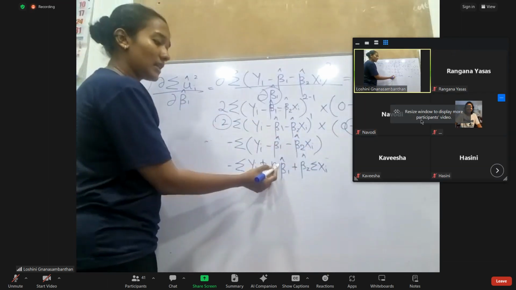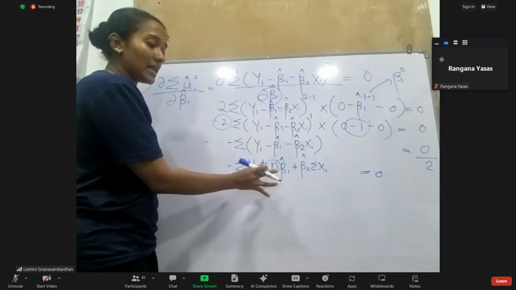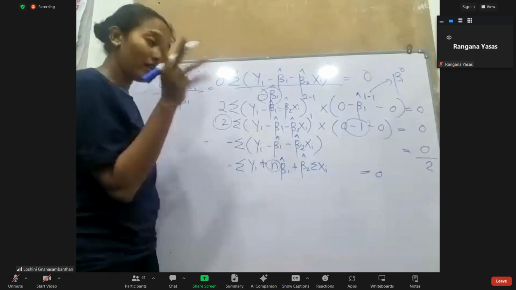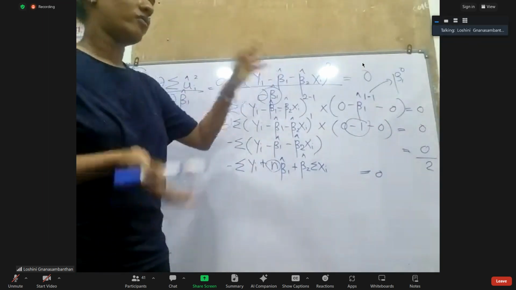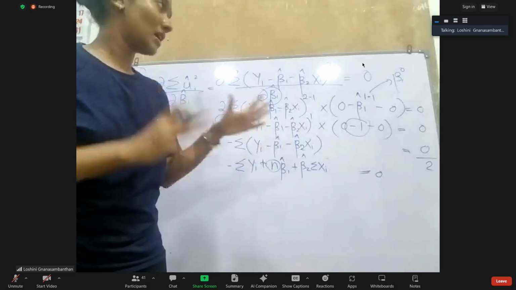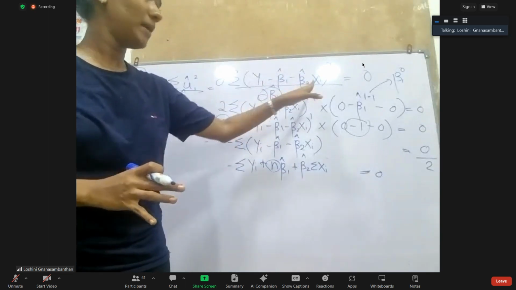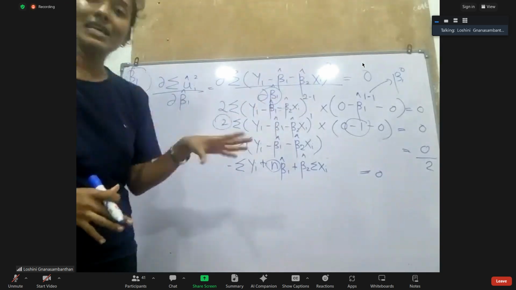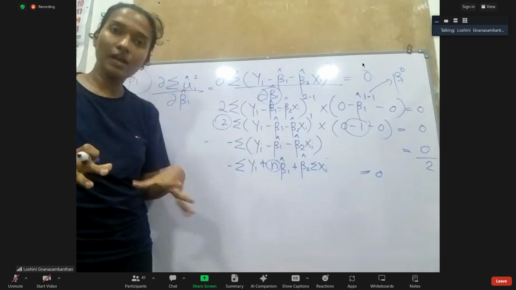But why is it n here rather than coming in sigma? It is n because in a regression equation, I already told you, for that particular sample, beta 1 and beta 2 are not changing. They are constants, right? They will not change for that sample.